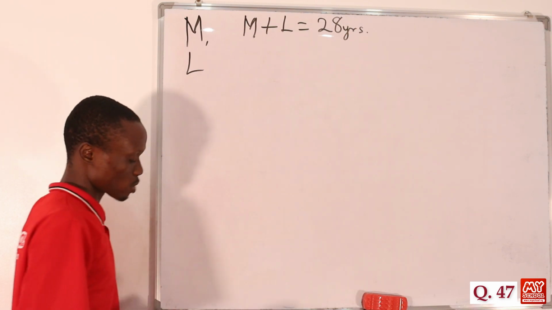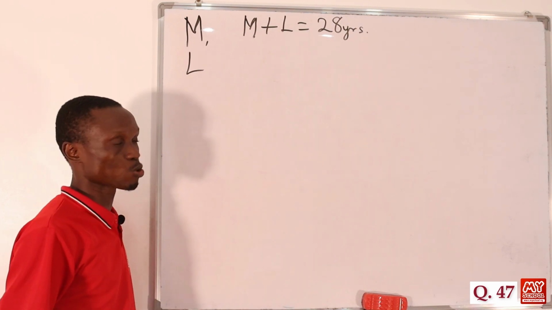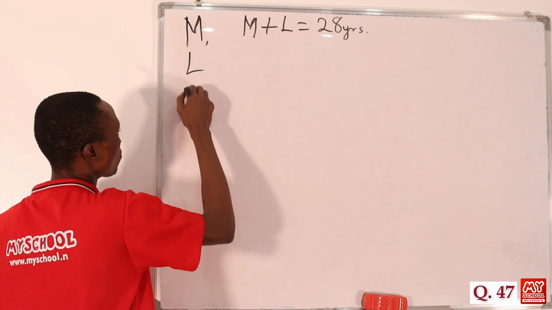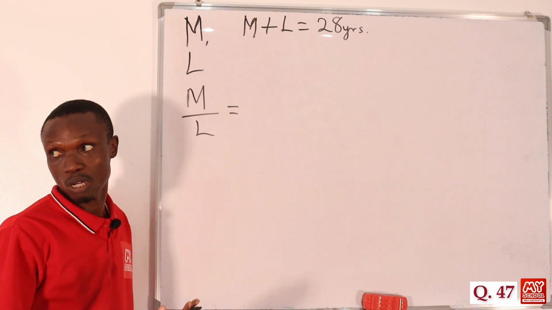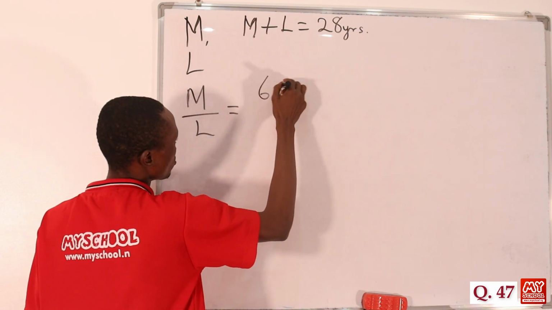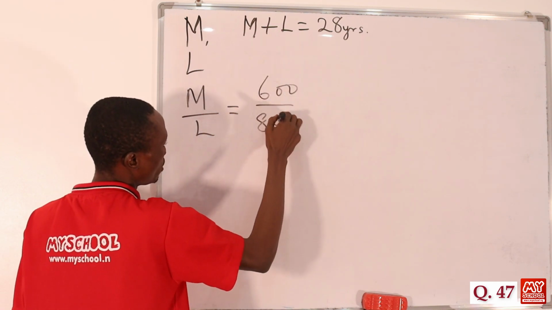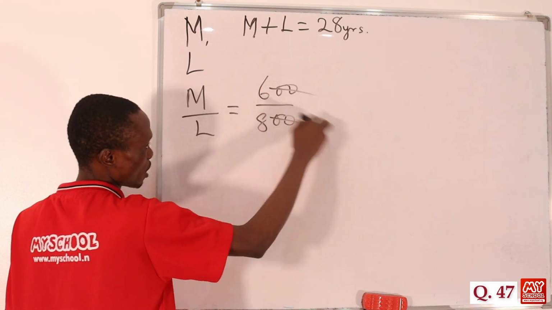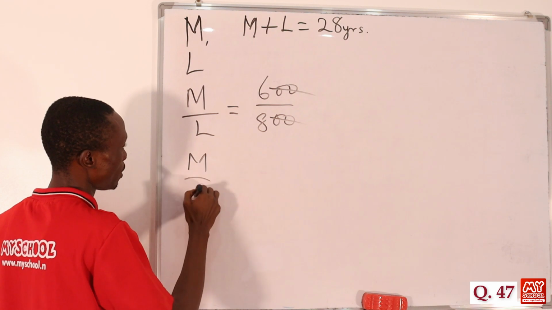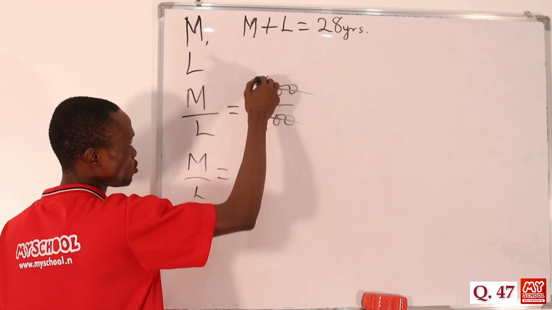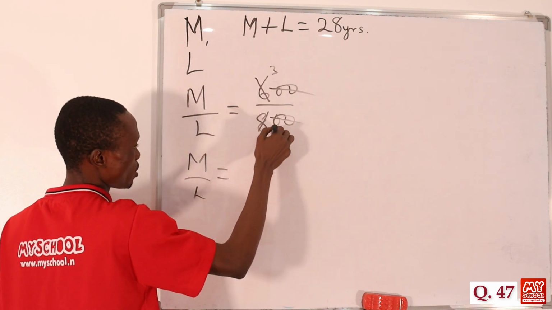And we are told that they shared money in the ratio of their ages. So Musa to Lawal will be equal to the amount Musa received to the amount Lawal received. Musa received 600 and Lawal received 800. So 2 zeros can cancel out 2 zeros, so that we have M over L is equal to 6 over 8, and we can reduce it: 2 into 6 is 3 and 2 into 8 is 4.